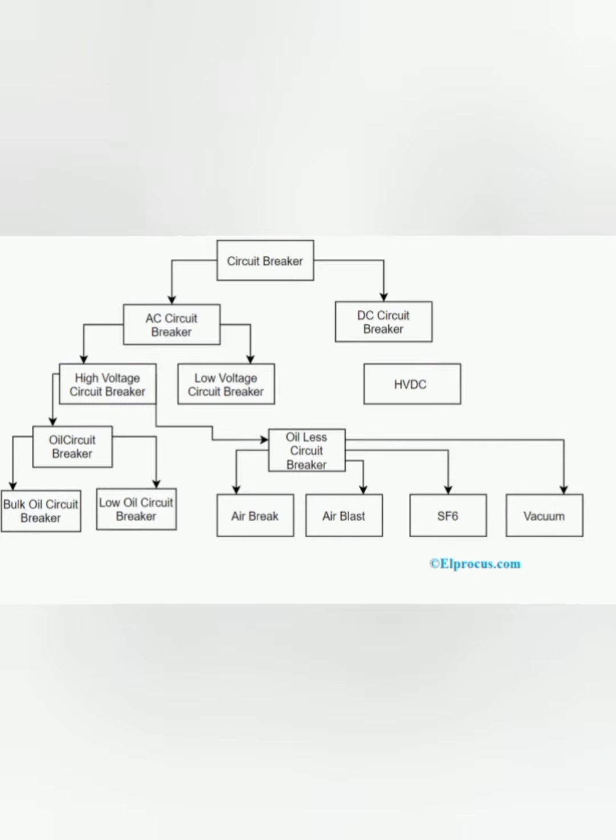Then coming up to oilless circuit breaker, when we are using oilless circuit breakers, we can reduce the leakage of the oil, such kinds of errors in your circuit breaker. So they can use the air circuit breaker or air brake, air blast circuit breaker, SF6 sulfur hexafluoride circuit breaker, then vacuum circuit breaker. So the quenching medium will be different, and it is an upgraded one.